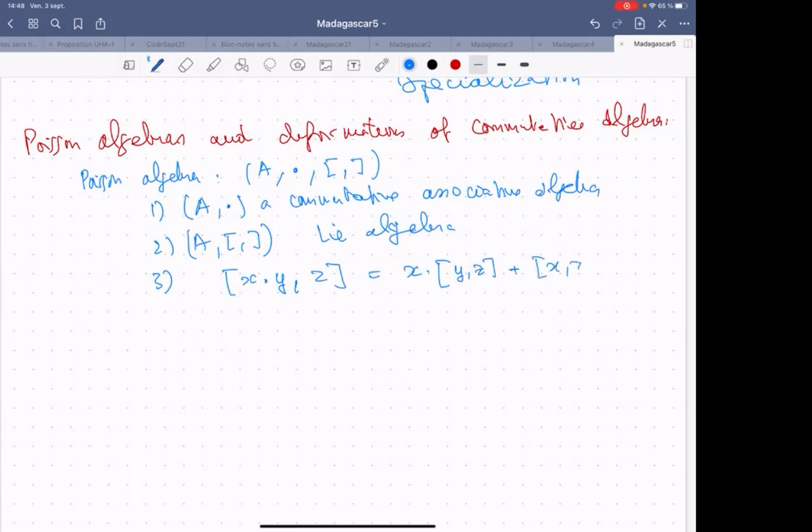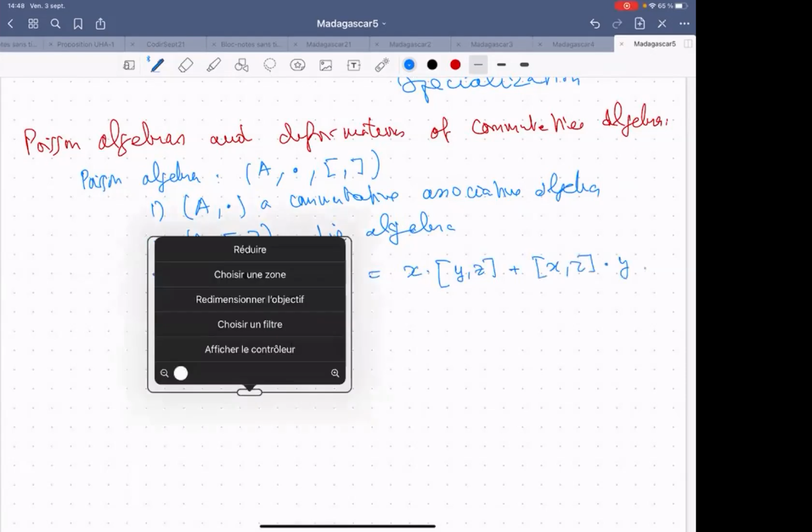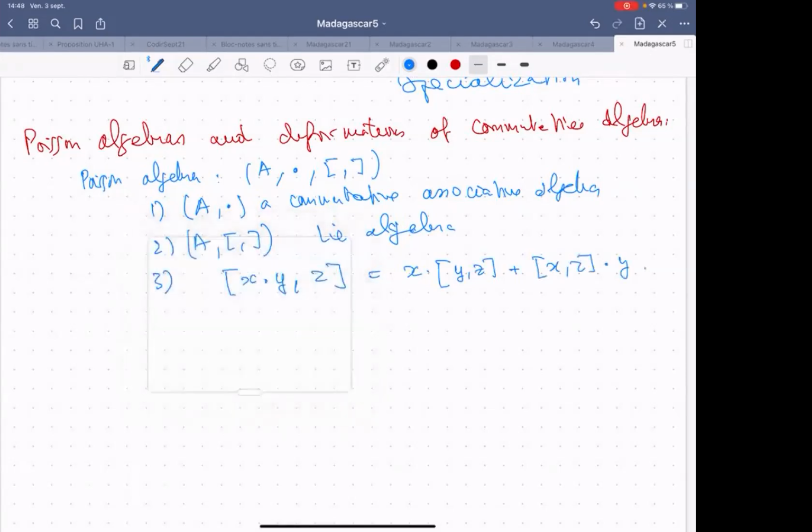Plus, okay, this is the Leibniz rule, the Leibniz condition. Okay. And now let us see how deformations of commutative associative algebras are connected to Poisson algebras. We start with mu0, let mu0 be a commutative associative algebra.